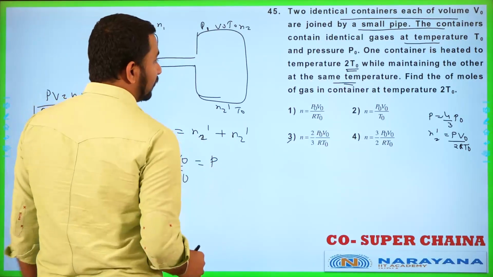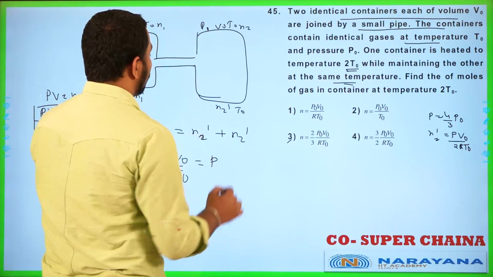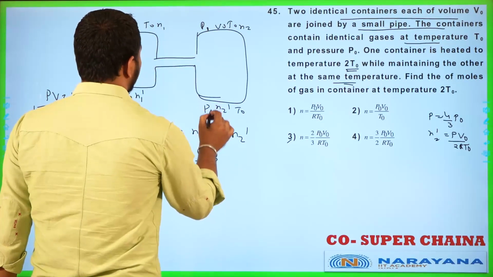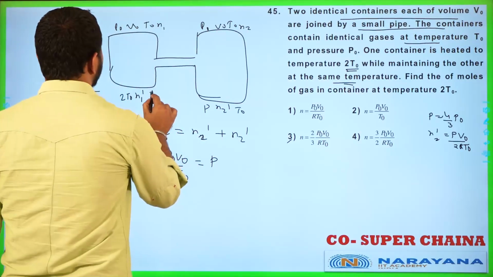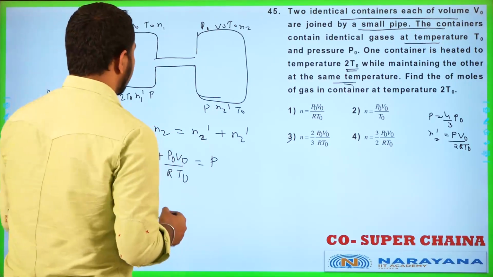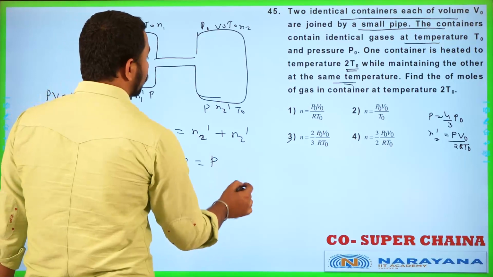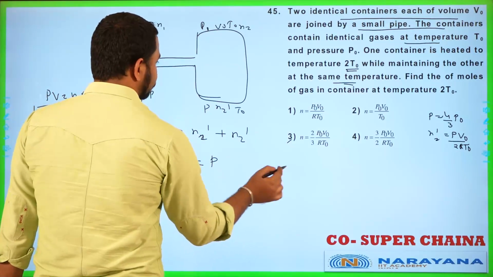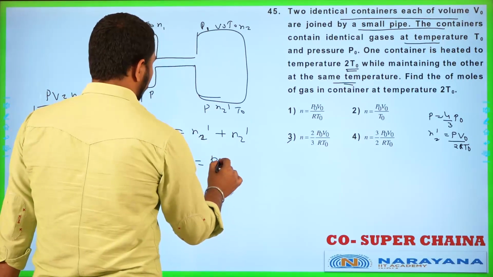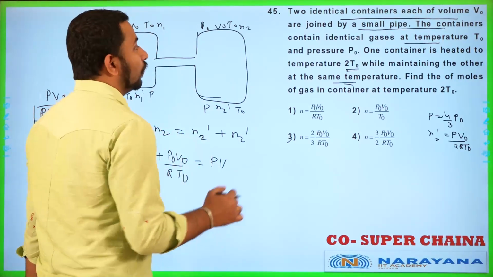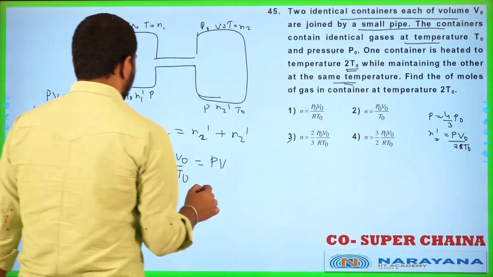P will change now, right? This P naught will now be P, so on both sides it will be the same pressure. So P into V naught, since the volumes of both containers are the same.